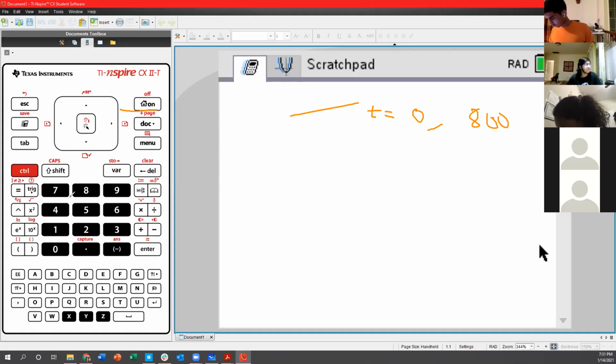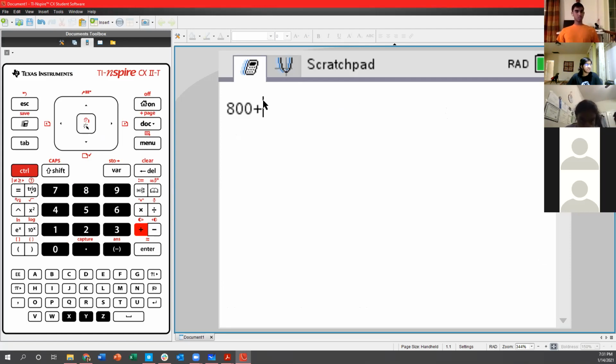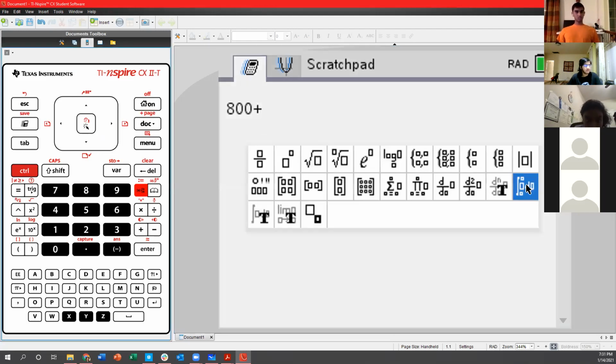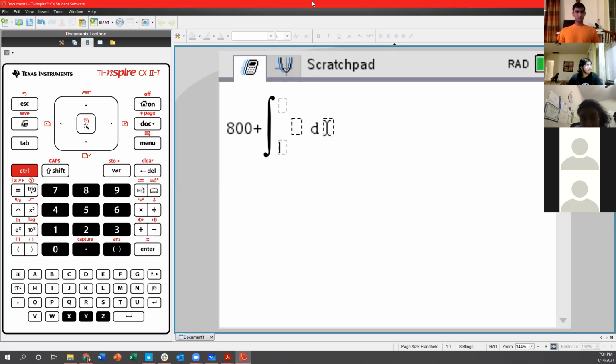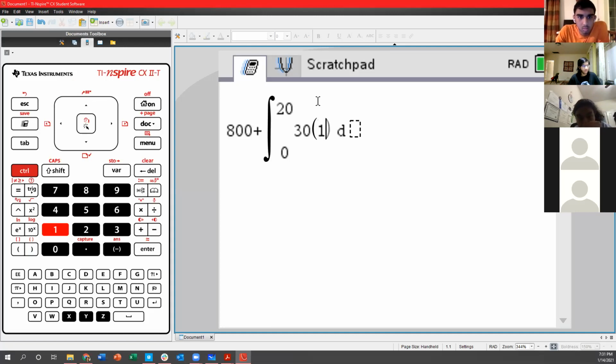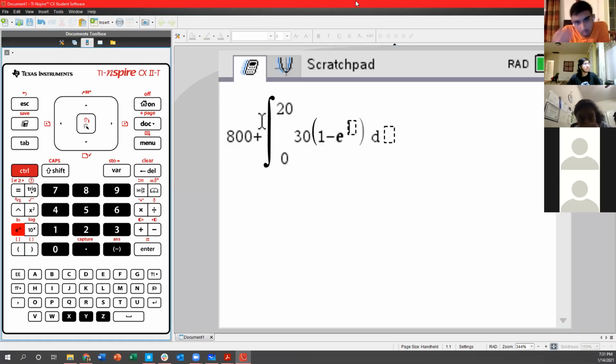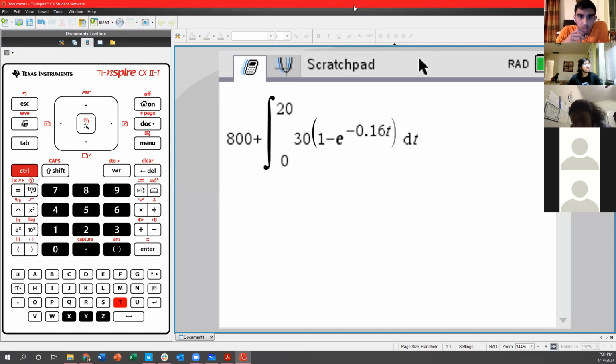So I'm just going to do this directly in my calculator. No need to even worry about doing this by hand. So this is going to be 800 plus the integral from 0 to 20, and the function was 30 times 1 minus e to the negative 0.16t dt, right?